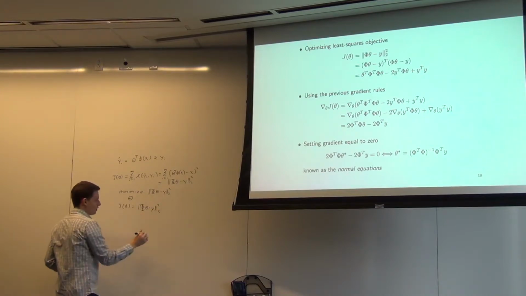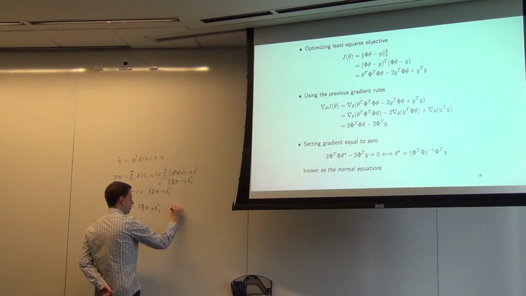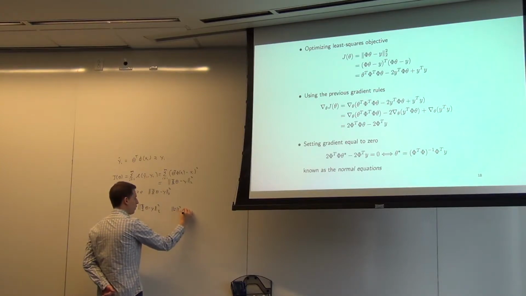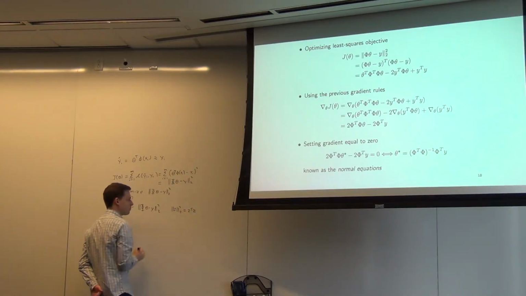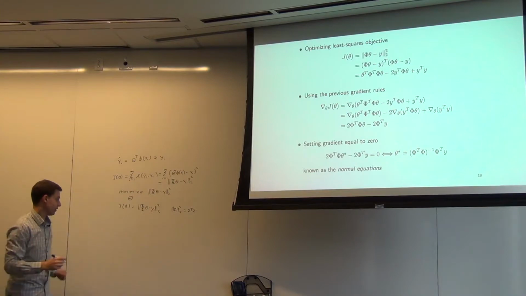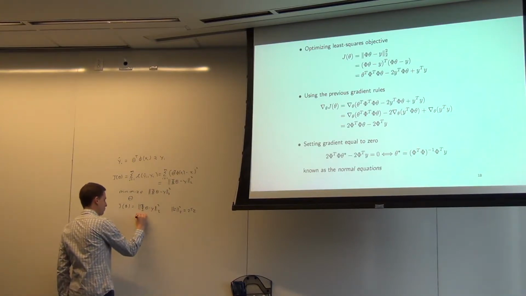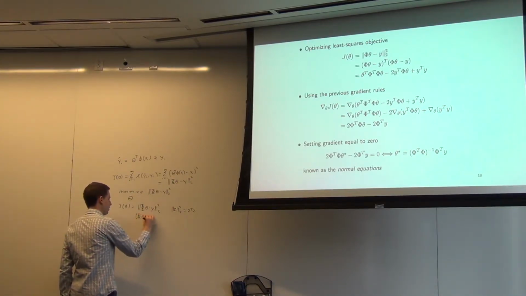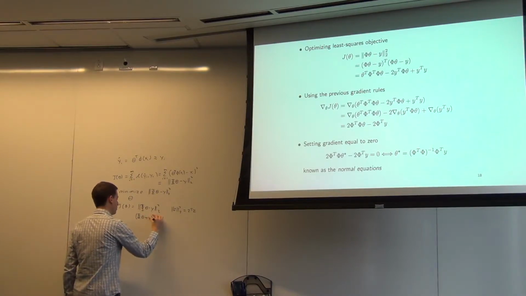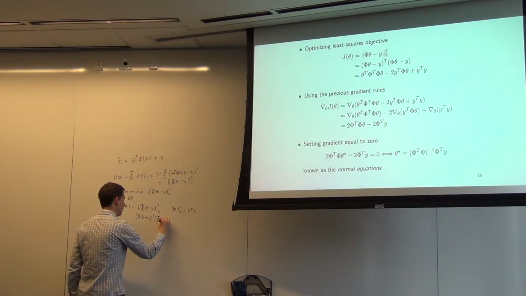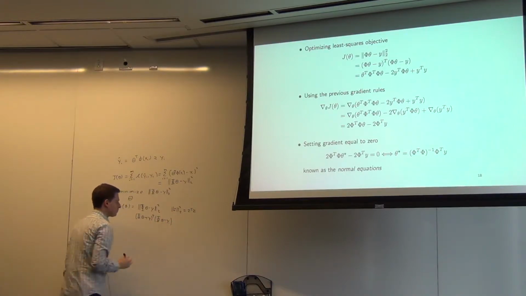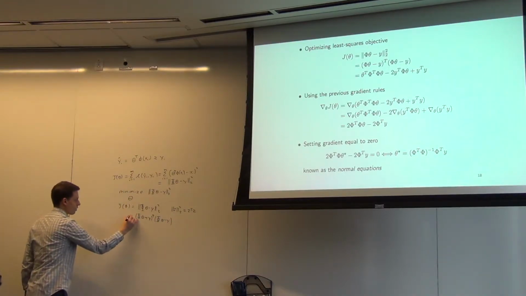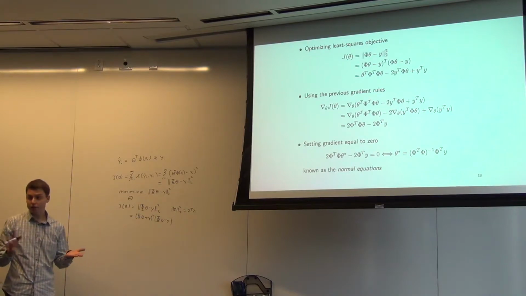And remember, for any vector z, this norm squared is just equal to z transpose z. So let's write this out a little bit more explicitly. This is now (phi theta minus y) transpose (phi theta minus y). Now let's distribute out the different terms.